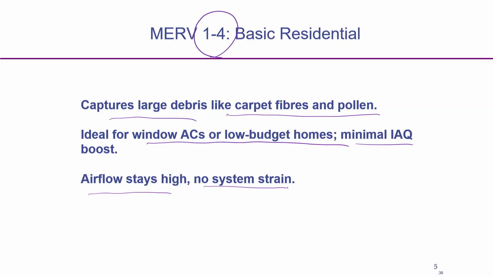Where we need higher airflow, like in AC, we cannot use a higher MERV value, then it will actually load the air conditioning system. There we have to capture only the larger particles, that much compromise we have to do.